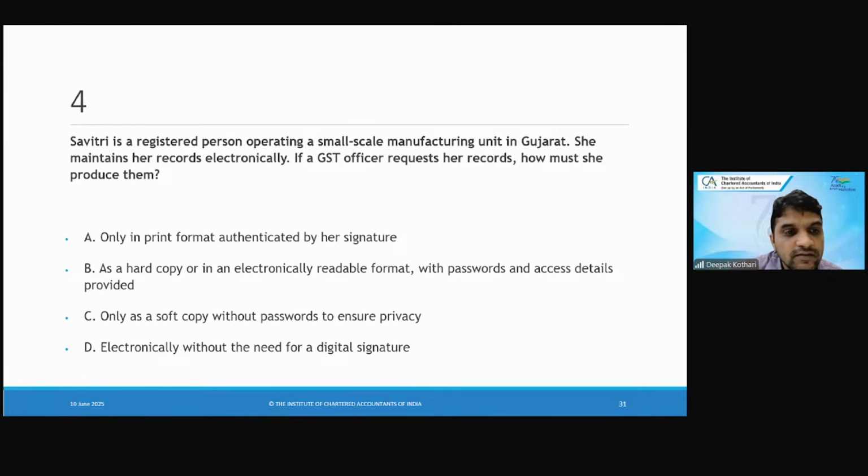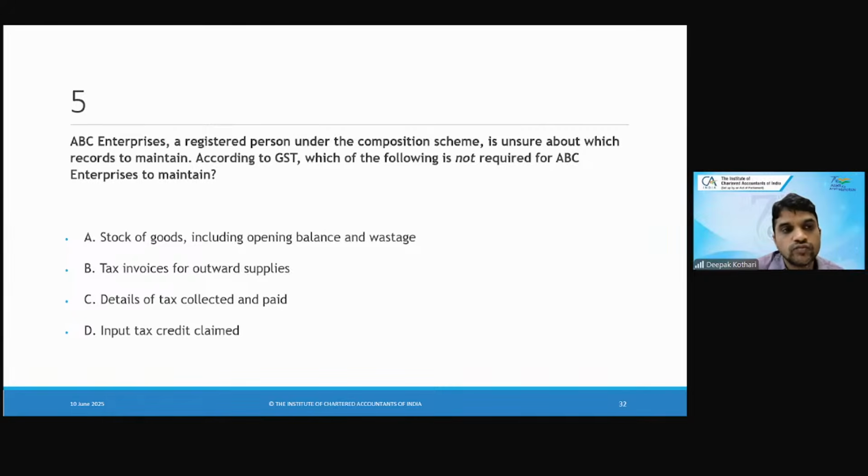Option B, right. As a hard copy or in electronically readable format with passwords and accessible. Very true.